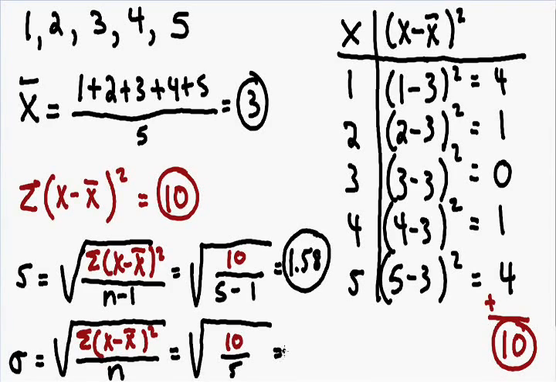And if we plugged that into a calculator, we would get an approximate answer rounded to 2 decimal points of 1.41. So if these 5 numbers represented an entire population, then the standard deviation would be 1.41. So I hope this gave you a better idea of what standard deviation really is.